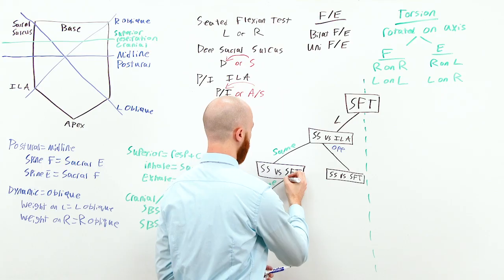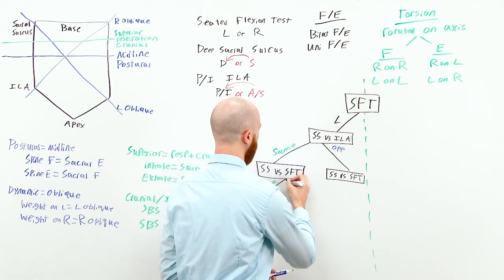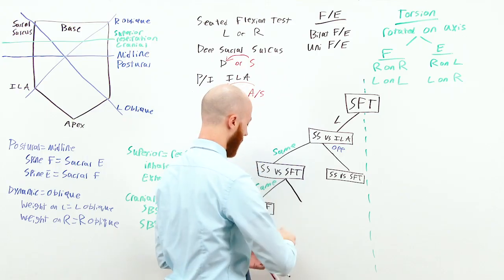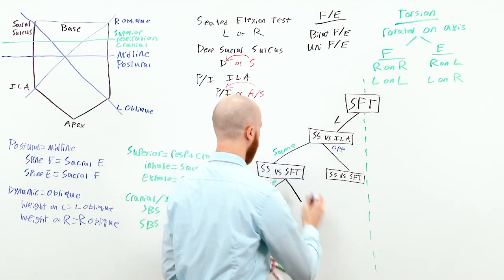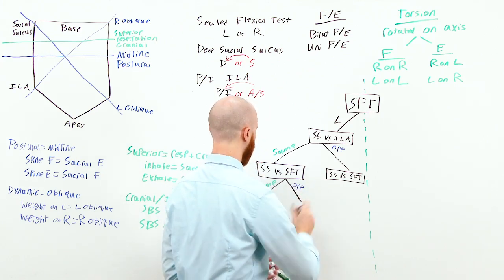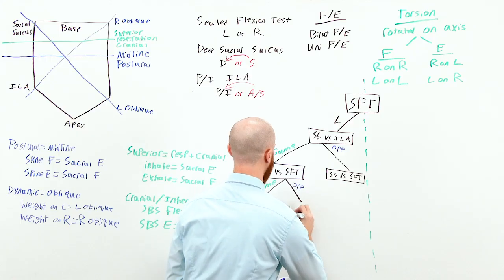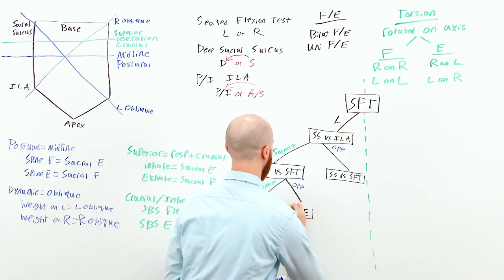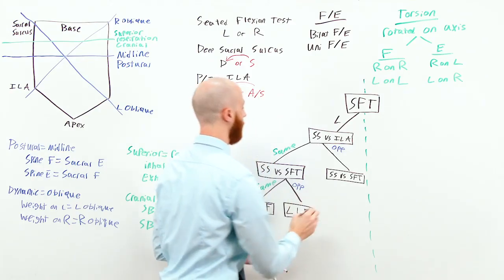If your deep sacral sulcus and positive seated flexion test are on the opposite sides, then that tells you that you have a left unilateral extension.